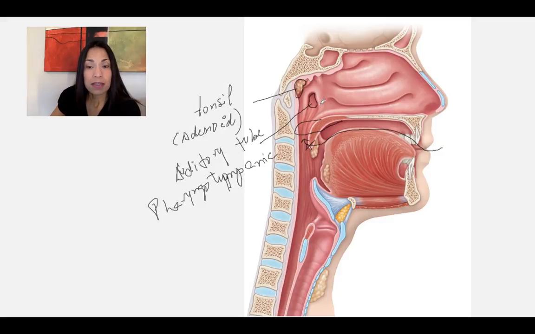It's called like that because this tube connects your pharynx, your nasopharynx, with your middle ear, right here.